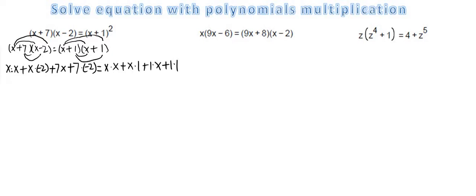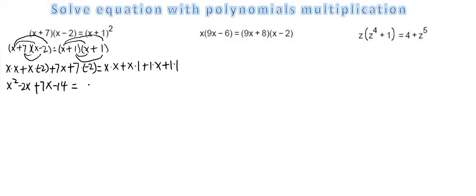Now we can simplify it. For x times x, that is x squared. x times negative 2 is negative 2x. Here's positive 7x. 7 times negative 2 is negative 14.